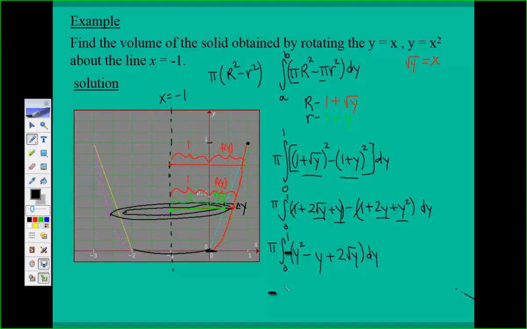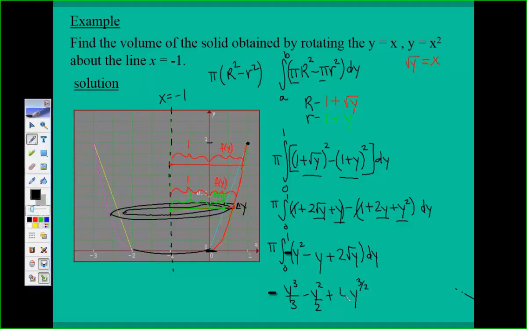So our antiderivative is y cubed over 3 minus y squared over 2, and we could change that y to the 1/2. If we're looking for the antiderivative of y to the 1/2, we'd have y to the 1/2 plus 1 is 3 over 2, divided by 3 over 2. It means we're going to multiply by 2/3. So that's where I got the 4 for here.